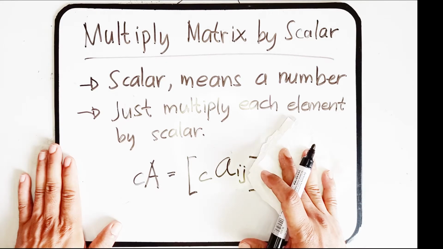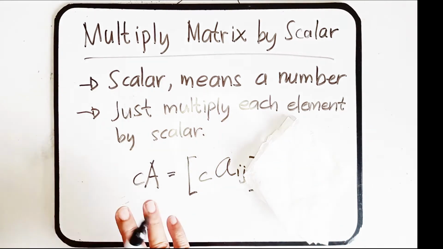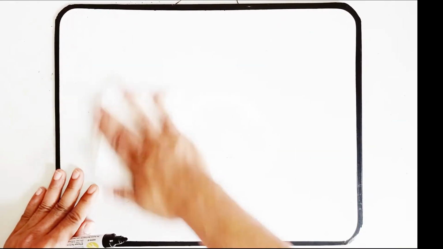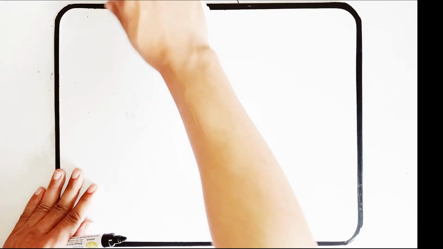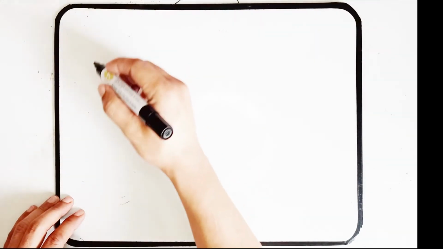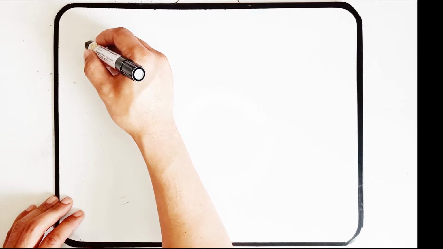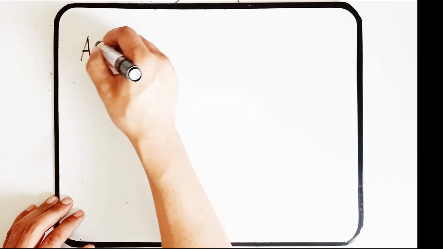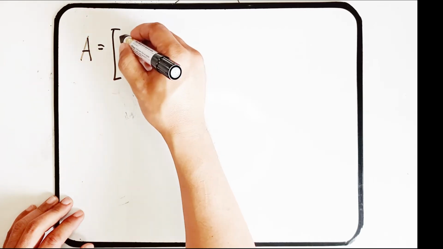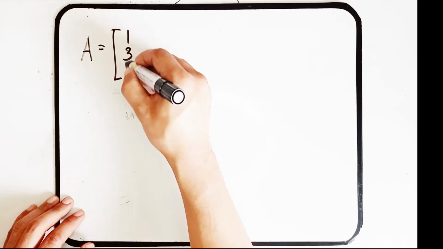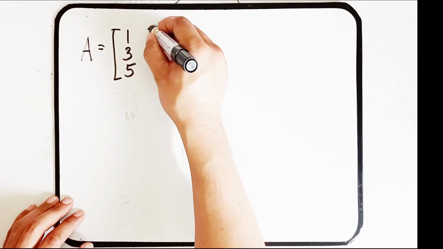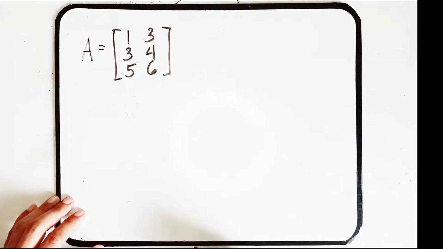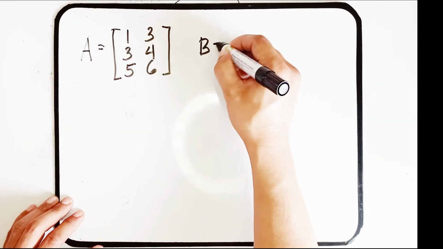Let's have some examples of each operation for matrix. So let's say we have this matrix and another matrix.